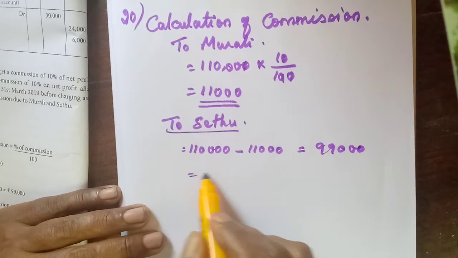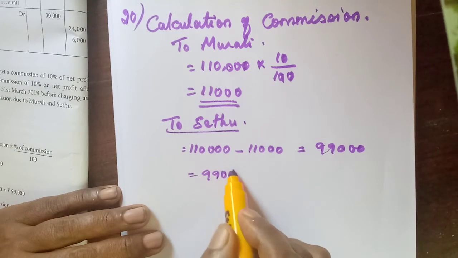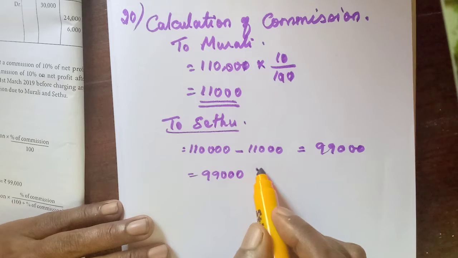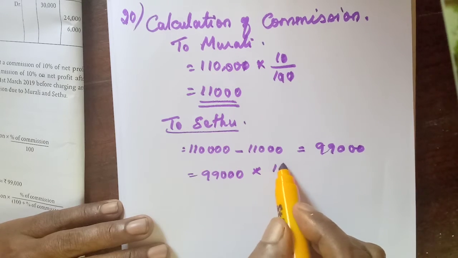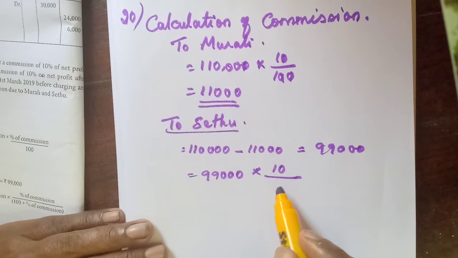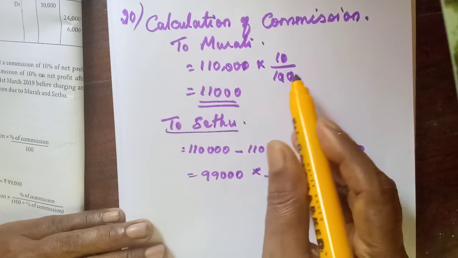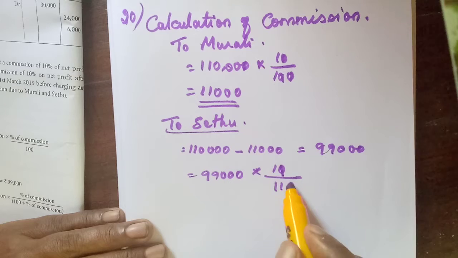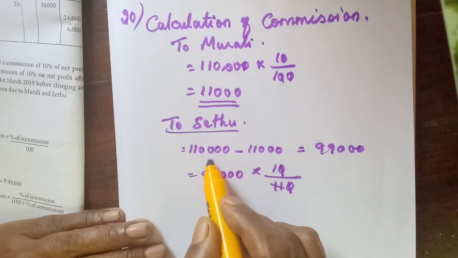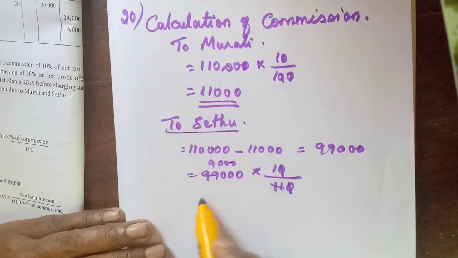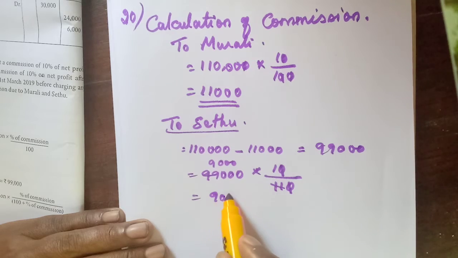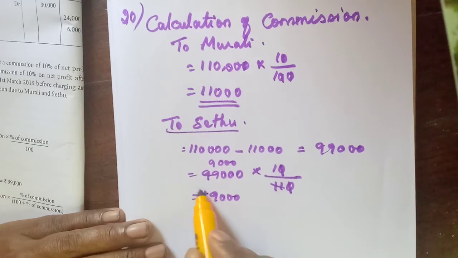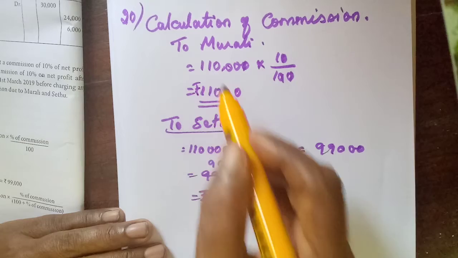From this amount only we need to calculate. Here percentage 10 by what we need to add? This 100 plus this 10, 110. Okay. So 9,000 is the commission. Rupees we need to write.